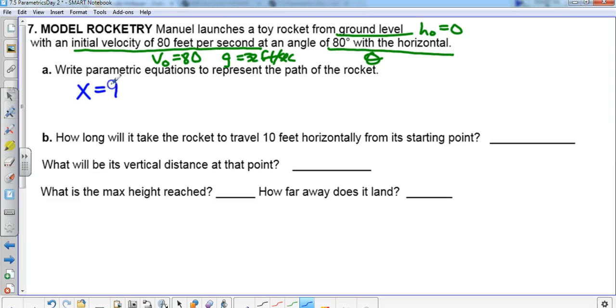X equals, what does the equation say from your notes? T times V sub 0 times cosine of the angle.